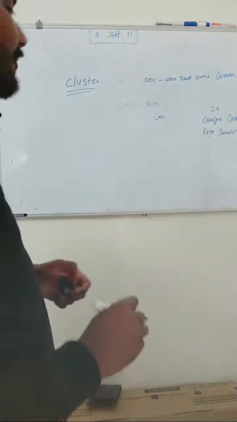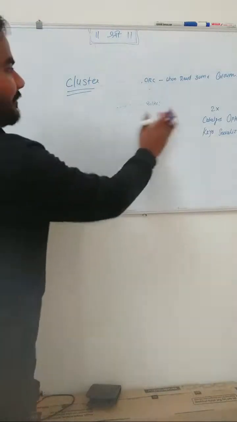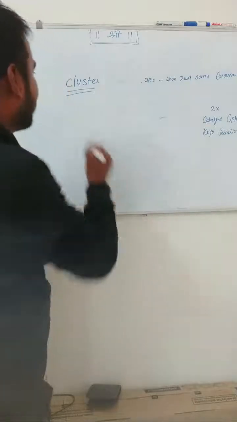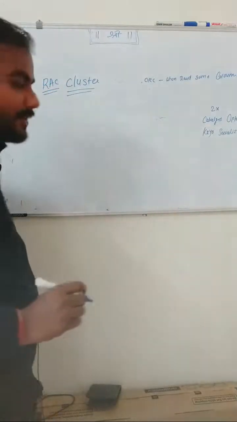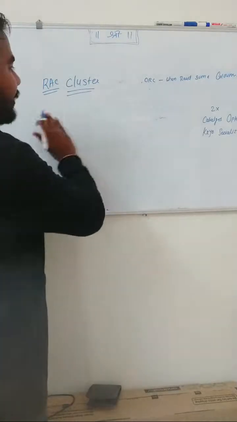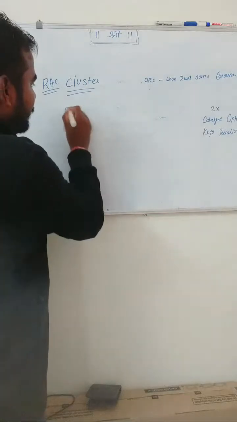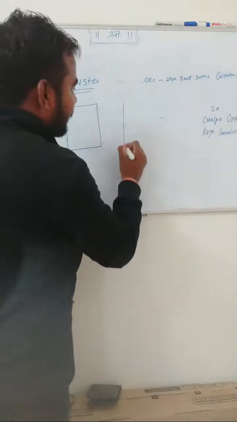So someone asked me about the cluster. Let me take one example of a RAC cluster. So what will happen in a RAC cluster? We have different nodes. Let's say this is your first node, and this is your second node.